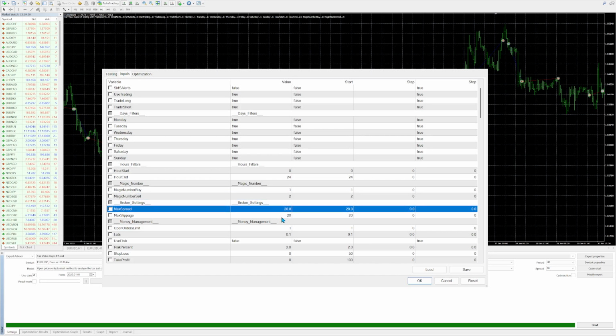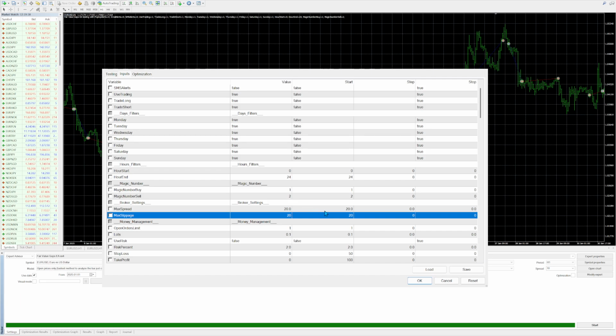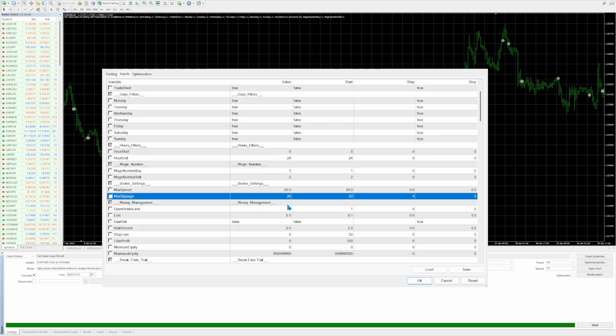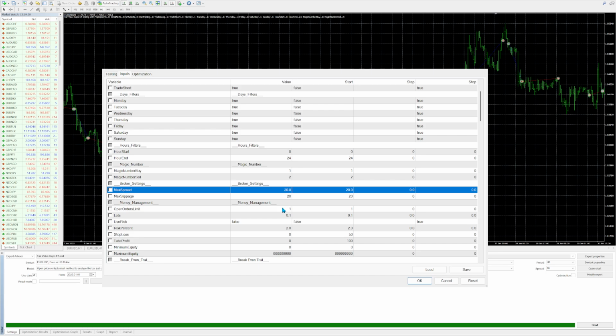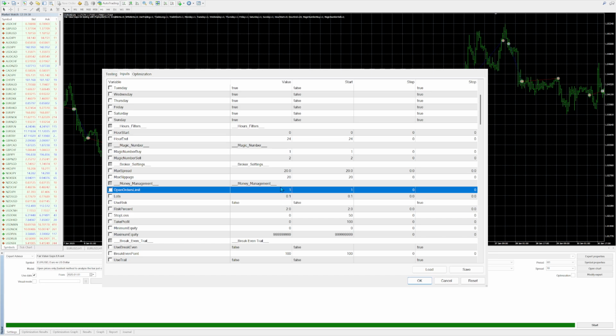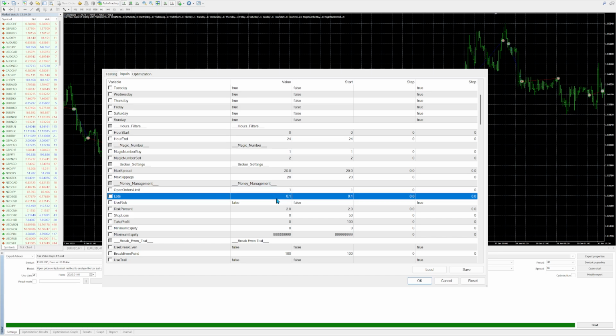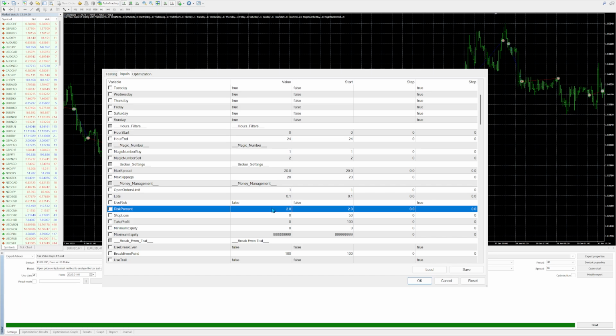Okay, maximum spread, maximum slippage. The EA will not place a trade or send a signal if the maximum spread and maximum slippage are higher than these values here, which are in pips. Money management, so you can set the open orders limit. And with this EA, you can use either fixed lots or you can use a risk percent, in which instance the EA will automatically calculate the lot size for you.